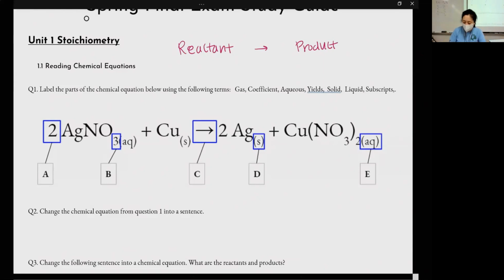The C right here is depicting the yield sign, where the chemical equation is dividing the reactant and product. The part on the left is considered the reactant, and the part on the right is considered the product.